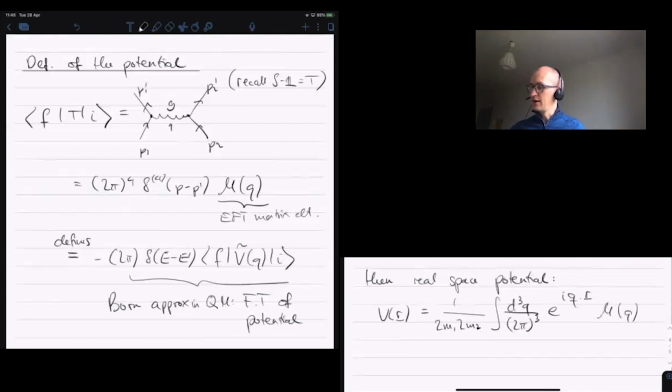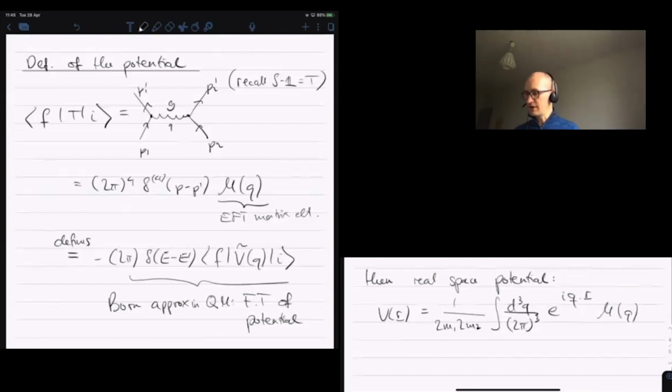We calculate this process in quantum field theory, then we remind ourselves that in non-relativistic quantum mechanics it's just the Fourier transform of the potential with respect to the momentum transfer.